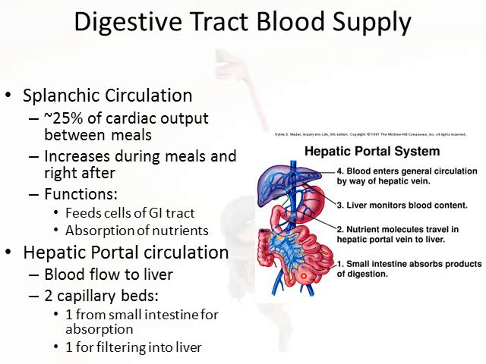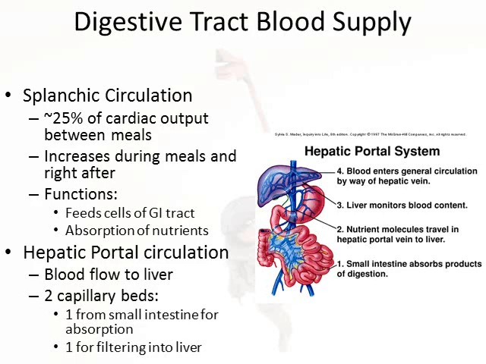So nutrients flow from the small intestine into those capillary beds in the GI tract, and then they travel towards the liver. Okay, and then they go through a capillary bed where they can be filtered out of the blood into the liver, where the blood can be filtered and those nutrients can be taken out and dealt with by the liver, and then they go back into a capillary bed to be dumped back into the main circulation and back to the heart. Okay, so there are 2 separate capillary beds before it makes it back to the heart.